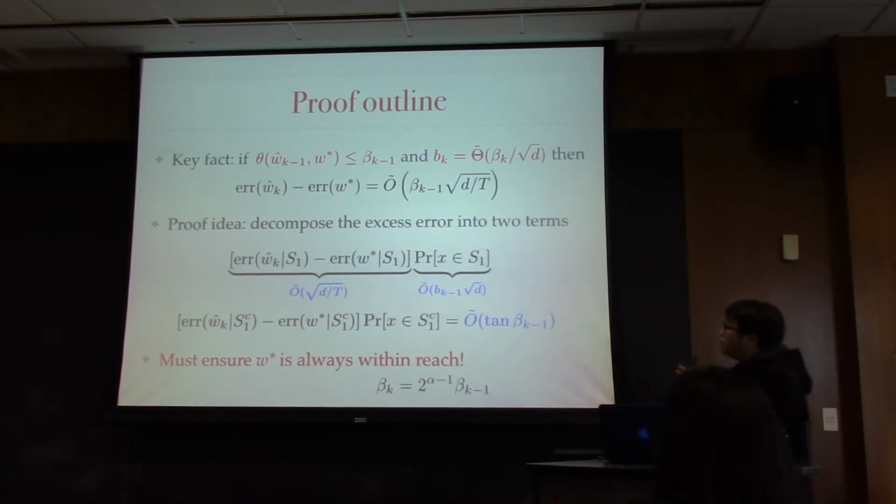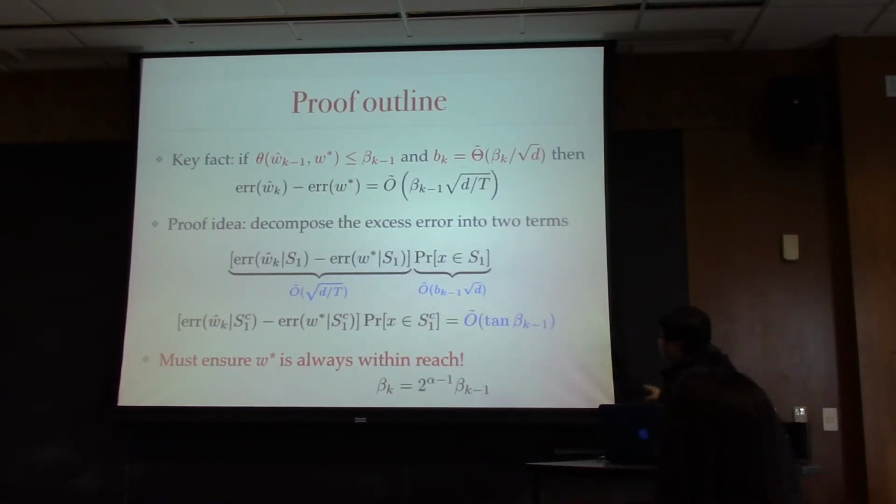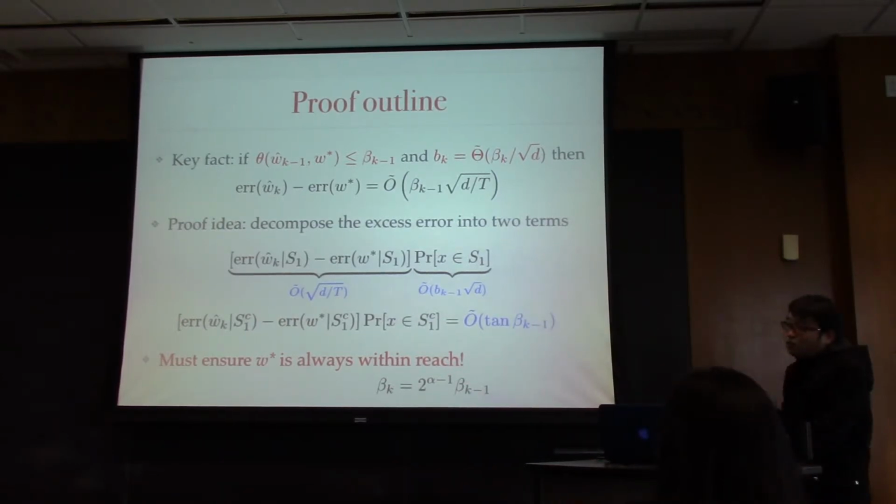On the other hand, if you shrink this margin parameter not that aggressively, then you cannot make this beta k minus 1 decay as fast as you want. So the bound would be loose. So you must make this search space beta k and this margin parameter bk decay in a very specific way so that it's not either too aggressive or too slow.